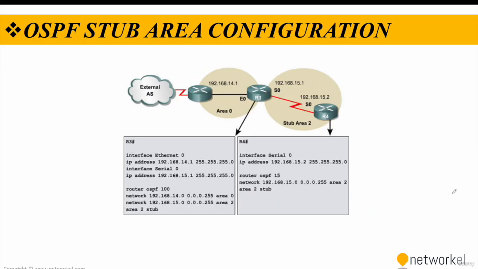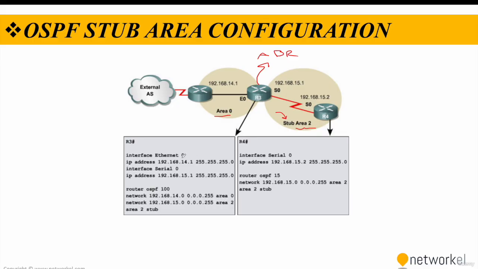Alright, so how am I doing the configuration for OSPF stub? Let's have a look at router 3. Router 3 is the ABR for this network, right? One interface belongs to area 0, another interface belongs to area 2, where I will go ahead and configure the stub area.